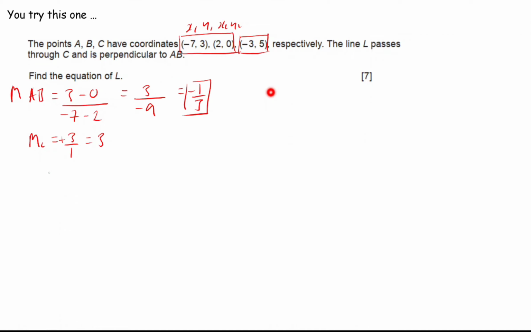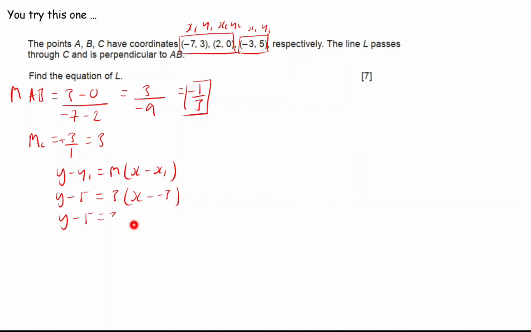Then, finally, to find the equation of L, we're going to do y minus y1 equals m brackets x minus x1, using our C point for that equation. So this is our x1 and our y1, which gives us y minus 5 equals 3 brackets x minus 3.